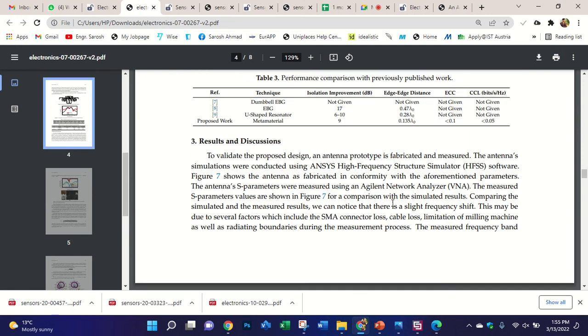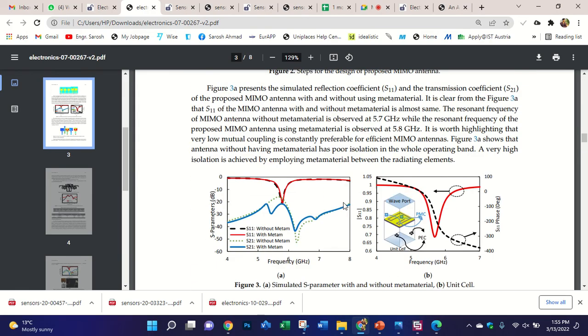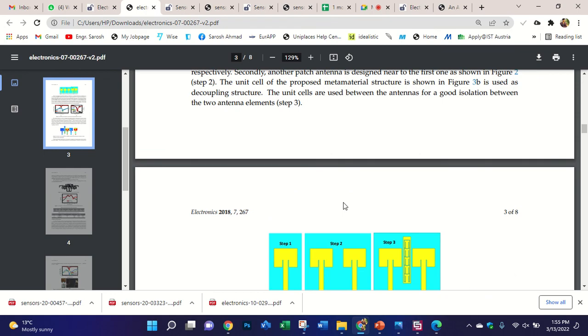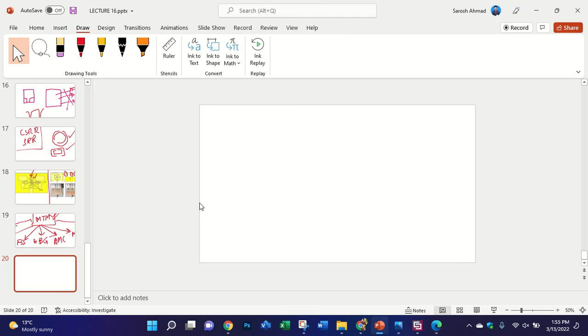Then why did they introduce this technique? I don't know, but that's the journal of Pears. If you do not find any improvement in the results, then there is no need to use metamaterial. Then metamaterial is useless.